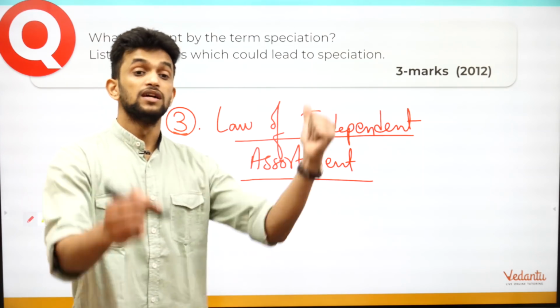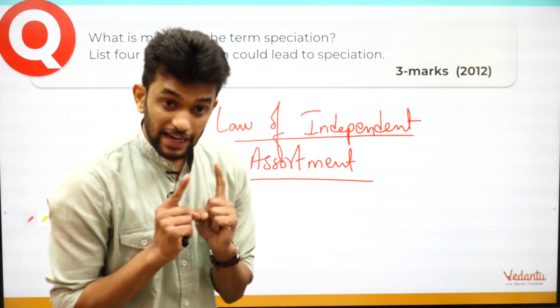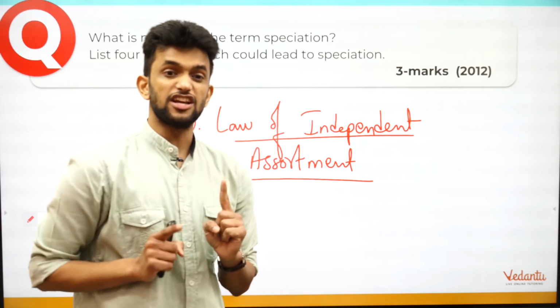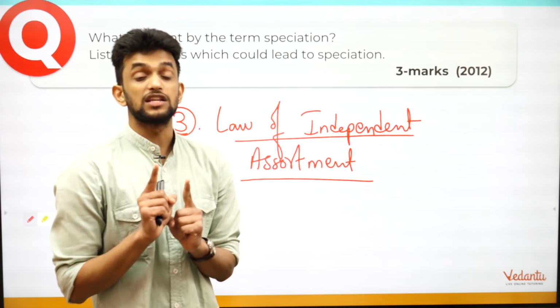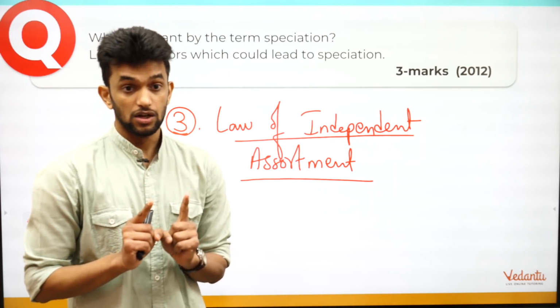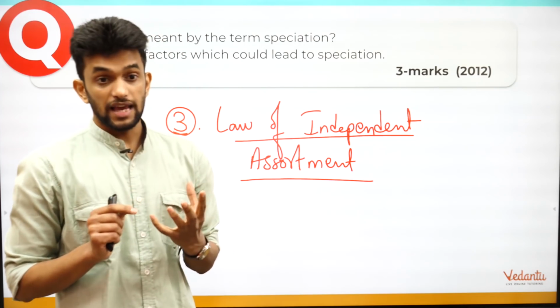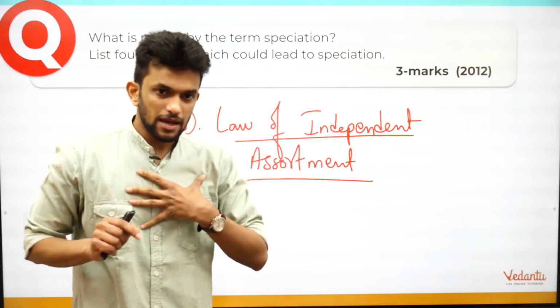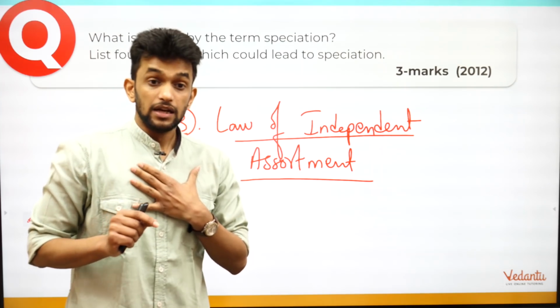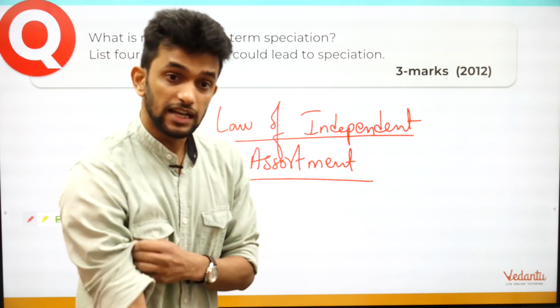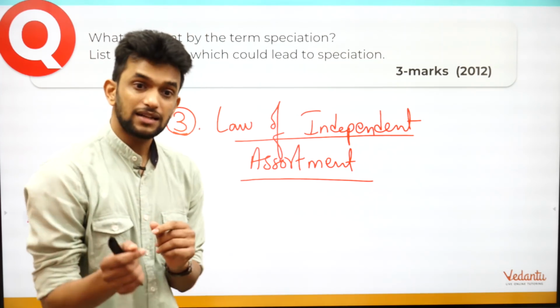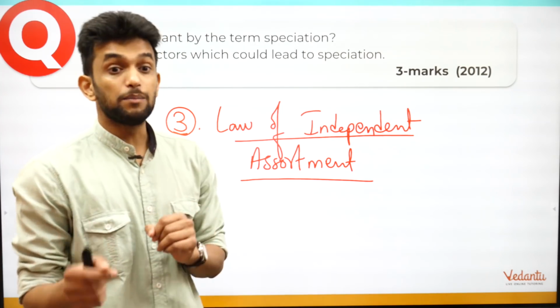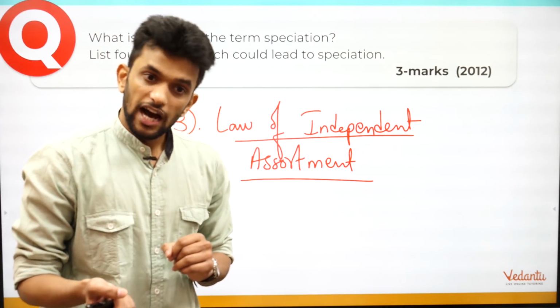It says transfer of one character to the next generation is independent of transfer of other character. What do I mean by that? It means, say my baby has got curly hair. So it doesn't mean that the curly hair will be accompanied by brown eyes. Are you able to understand?